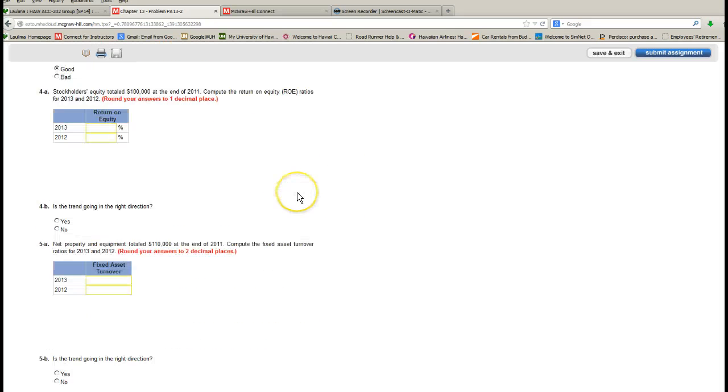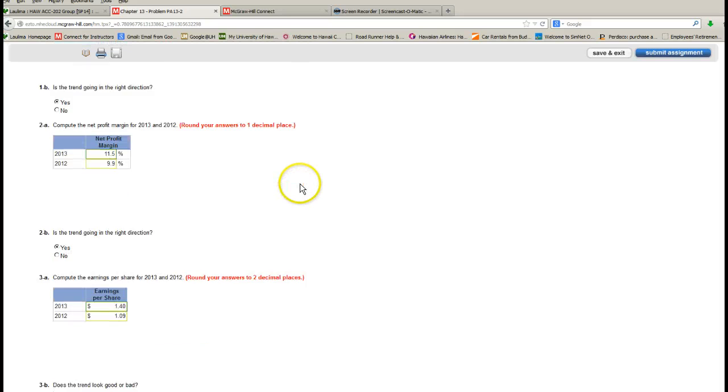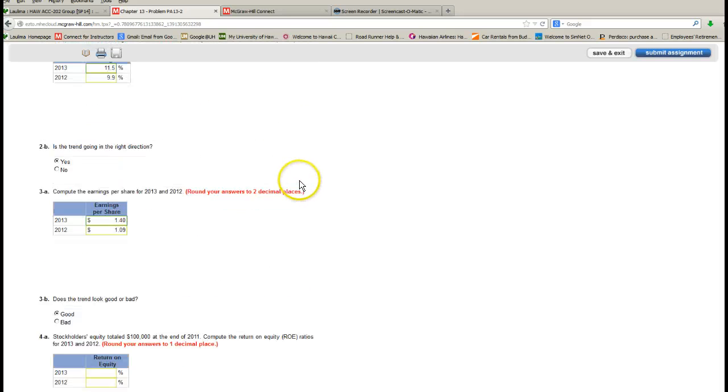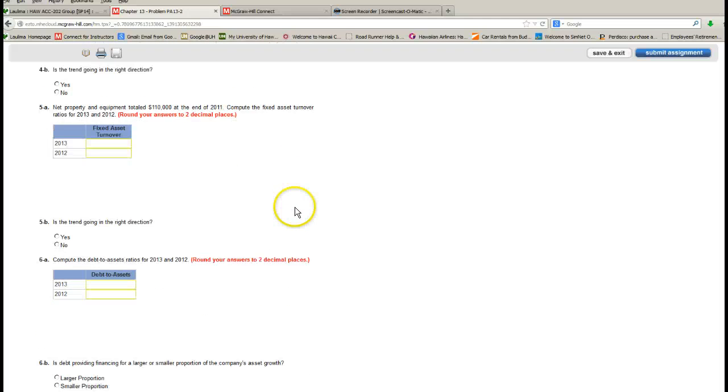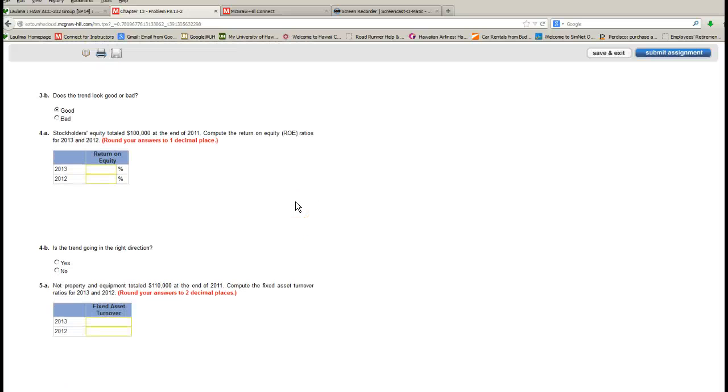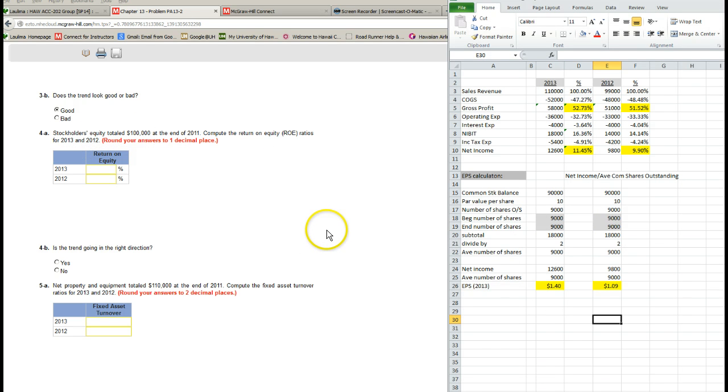Okay, let's take a look at number 4. There's number 4. And number 4 is asking for, let's see, ROE, return on equity. So number 4 says stockholders' equity totaled $100,000 at the end of 2011.